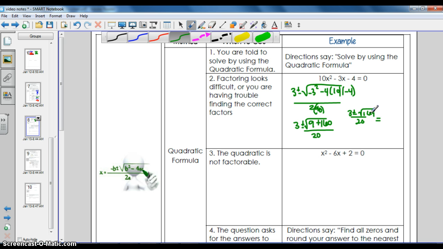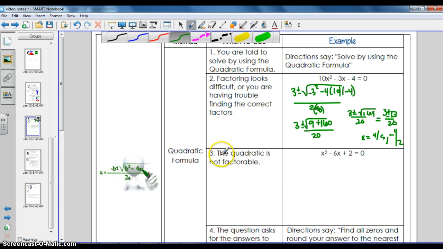And we know that 169 is a perfect square, it's 13, so it's 3 plus or minus 13 over 20, which then we could simplify. 3 plus 13 over 20 reduces, and we have 4 halves. And 3 minus 13 is negative 10 over 20, which would be negative 1/2. So I'll just put a comma, negative 1/2.